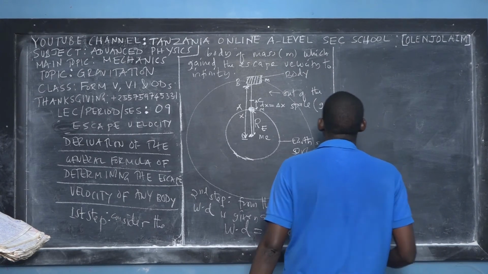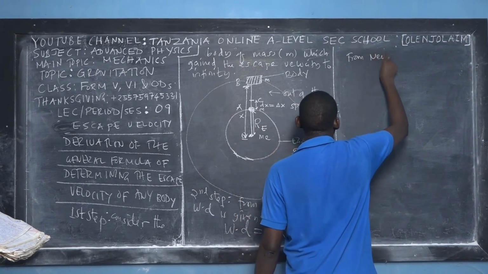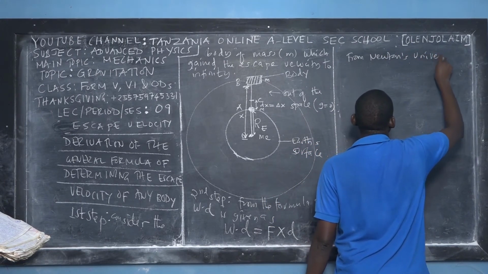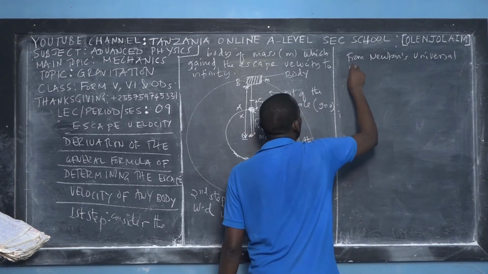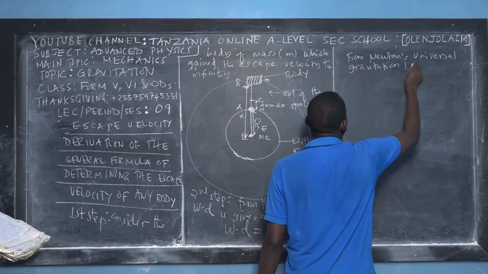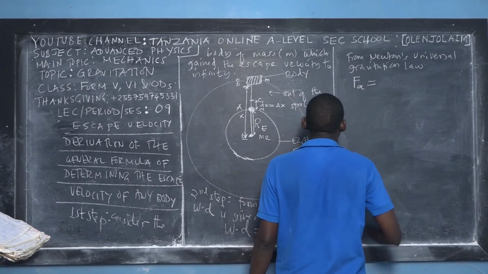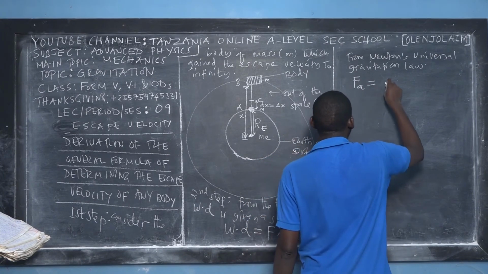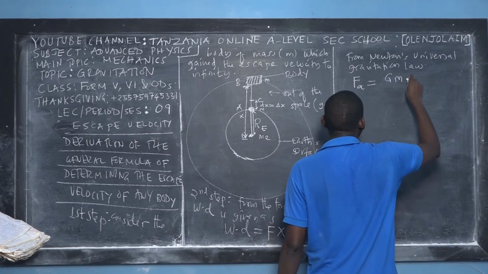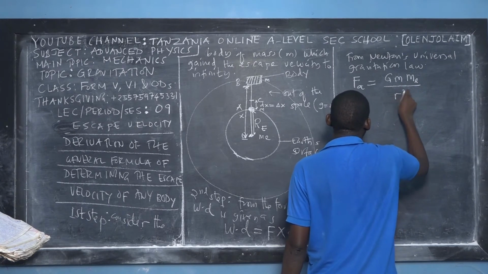So from this concept, from Newton's universal law of gravitation, the force of attraction between the body and the S will be the product of the gravitational constant, mass of the body, and mass of the S, over r squared.